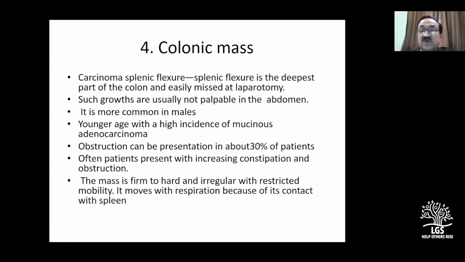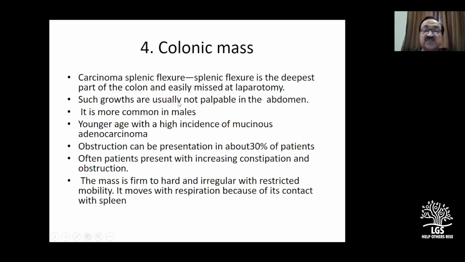Okay. So the 4th anatomical organ I am thinking of is the colon here. As all of you know, the splenic flexure is the deepest part of the colon and easily missed even at laparotomy unless somebody carefully examines.